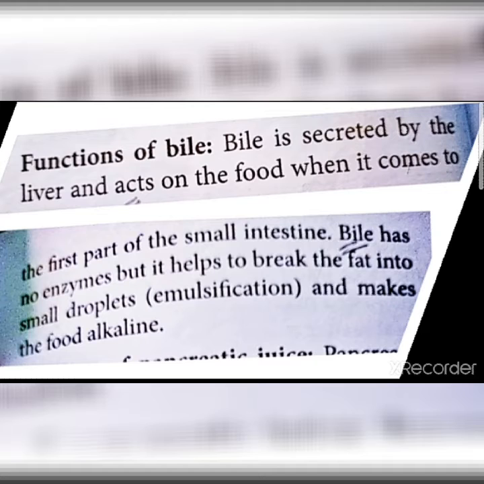So this is the actual function of bile. We may be asked what emulsification is. We have to say that the process of breaking the fat into small droplets is also called emulsification.